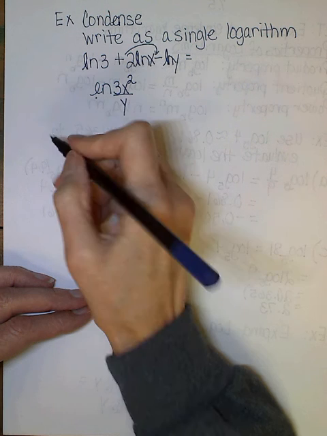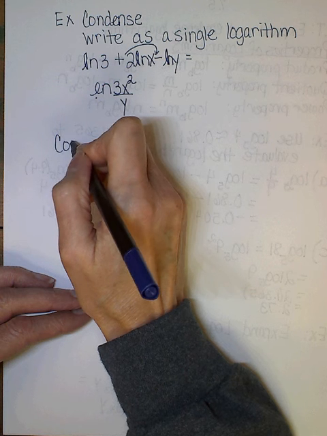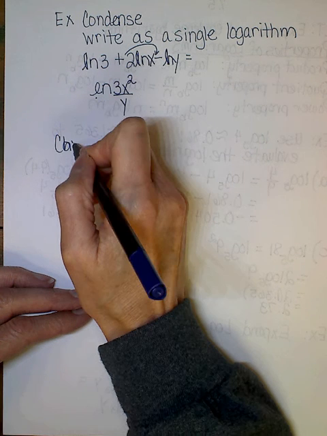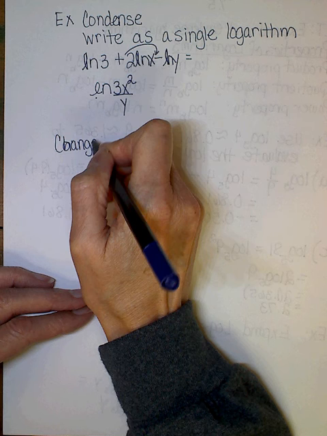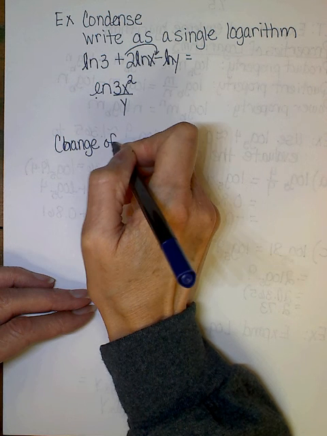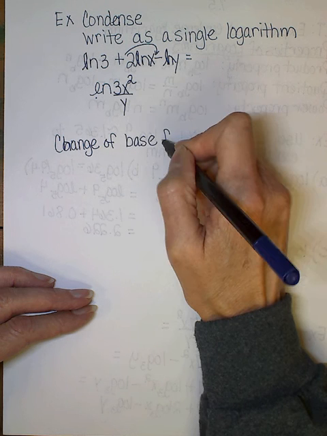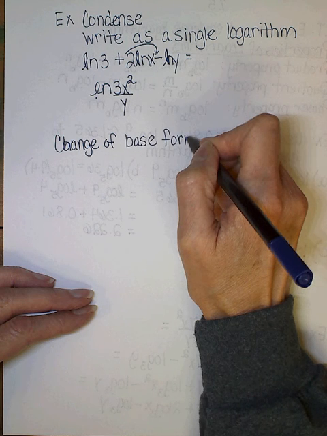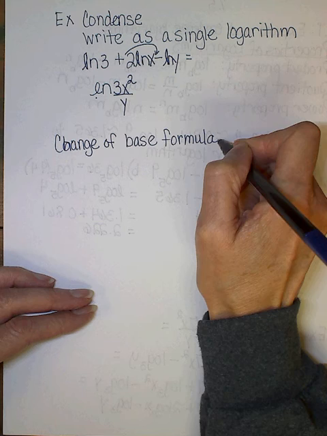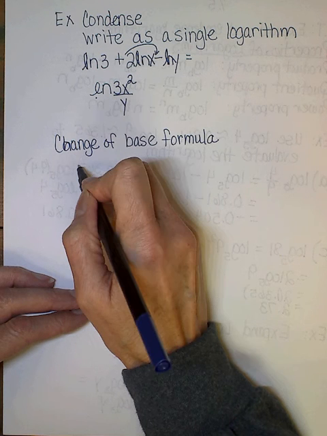All right, one more concept. It's called the change of base formula. If you remember this, it'll help you a lot. It's kind of a secret weapon that you can use when you get stuck sometimes.